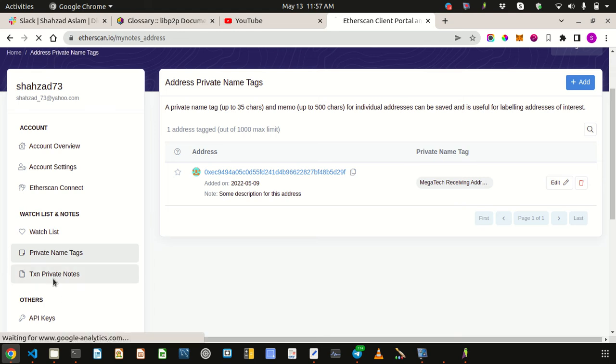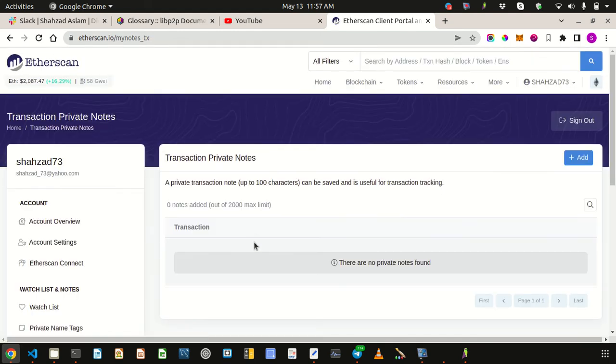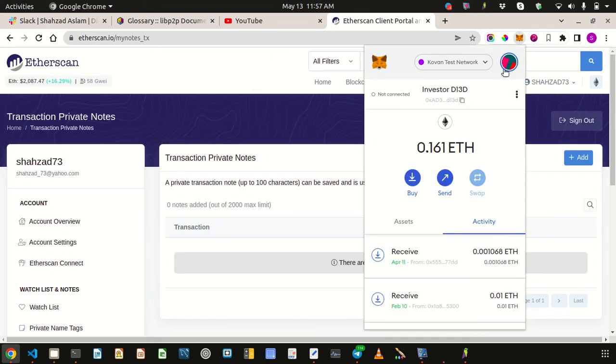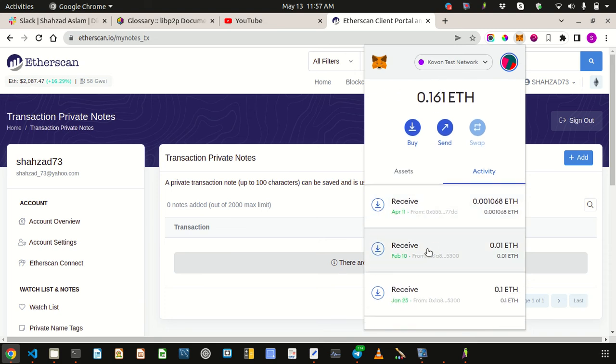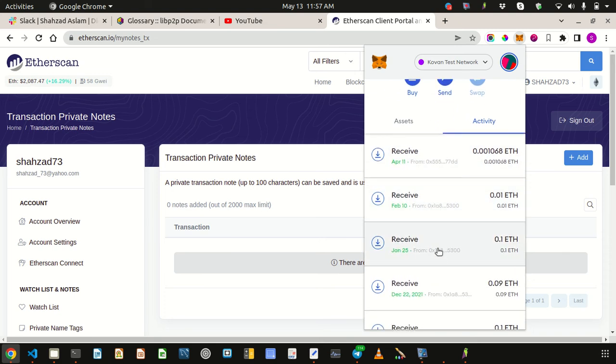The third one is the transaction private note. So if you have executed some transactions and you want to keep a record of those transactions with some descriptions. For example, if I go to my Ethereum wallet and I open one of the accounts, you can see that I was receiving some ethers on this account, and I want to remember for what purpose this transaction was executed.